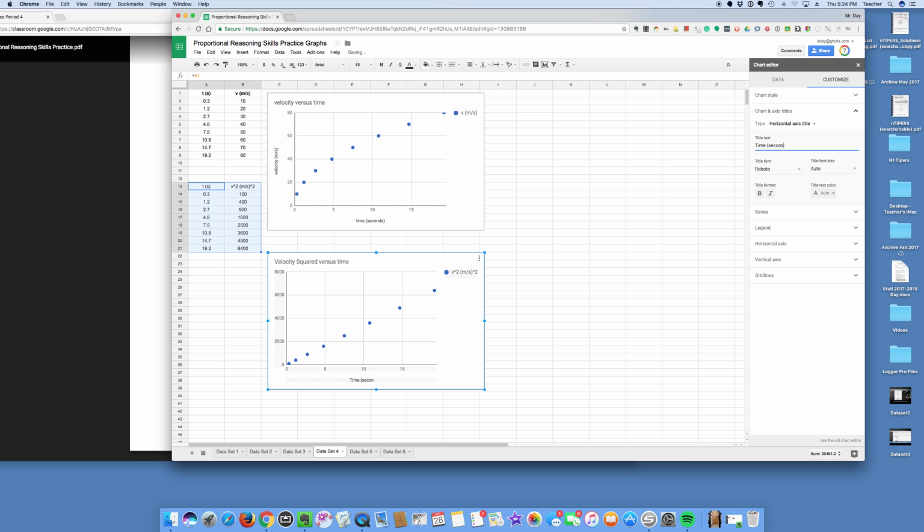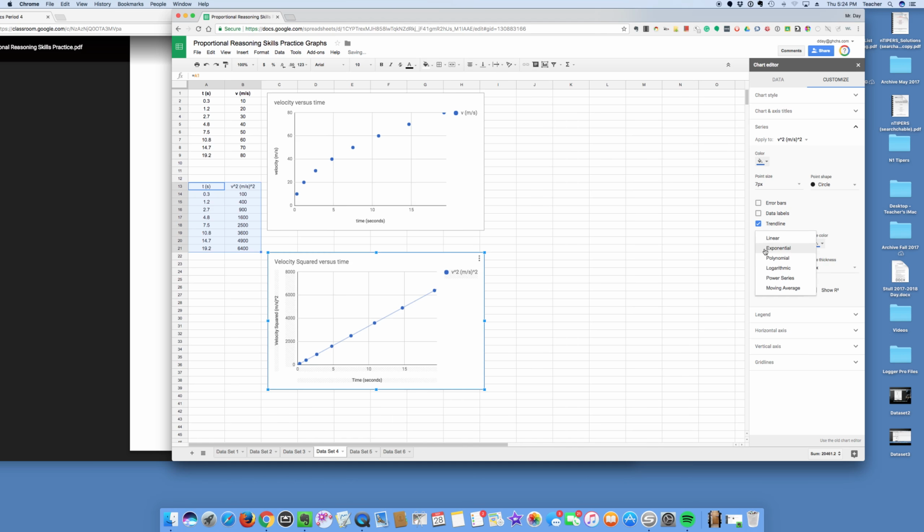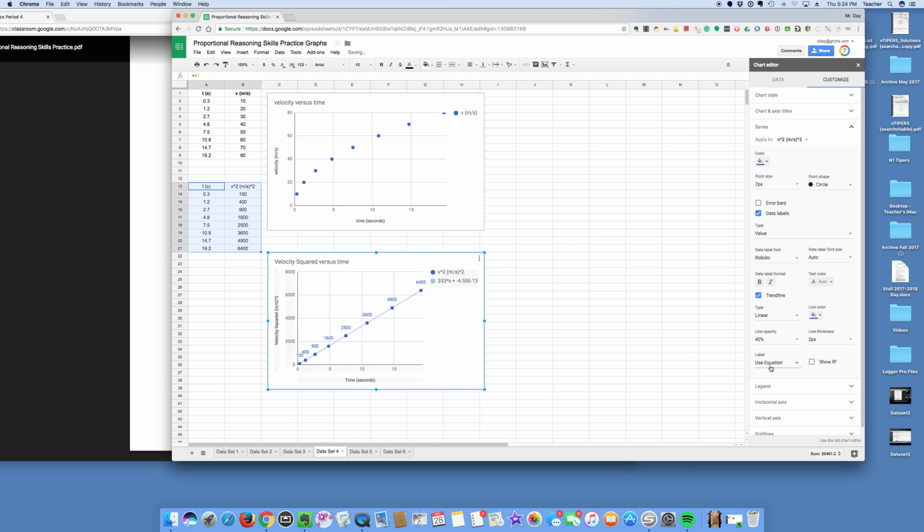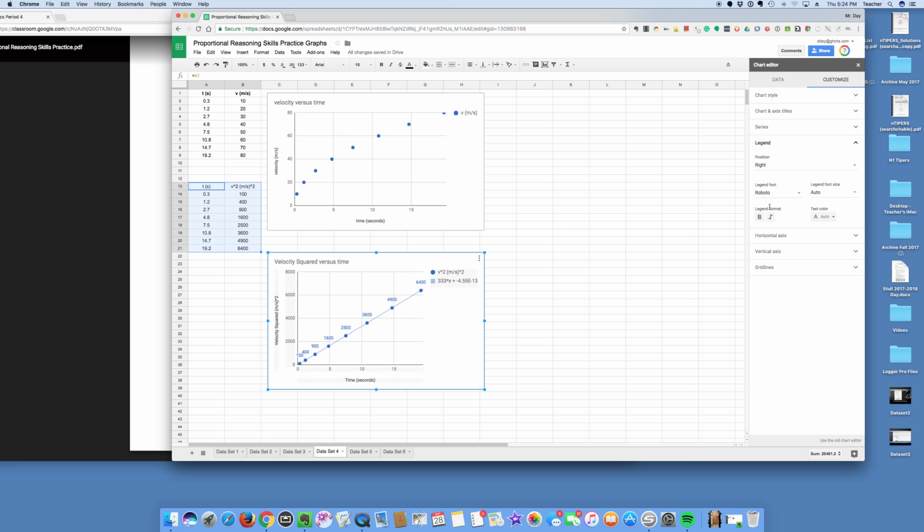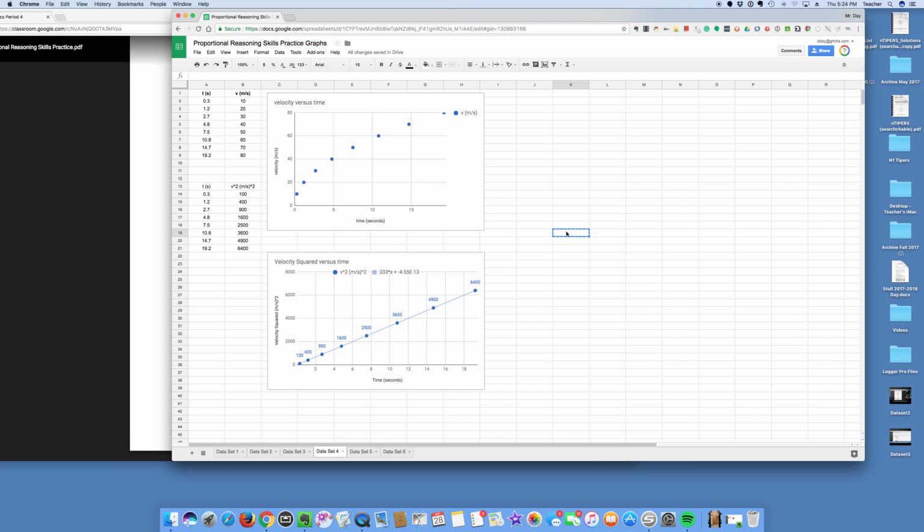And then my vertical axis title is velocity squared, and that's meters per second squared. Don't forget those units are squared there. All right. So I can put a trend line because that data set looks linear now. I can put my equation as my label, and I can put my equation inside my graph. And then I'll write my equation here.